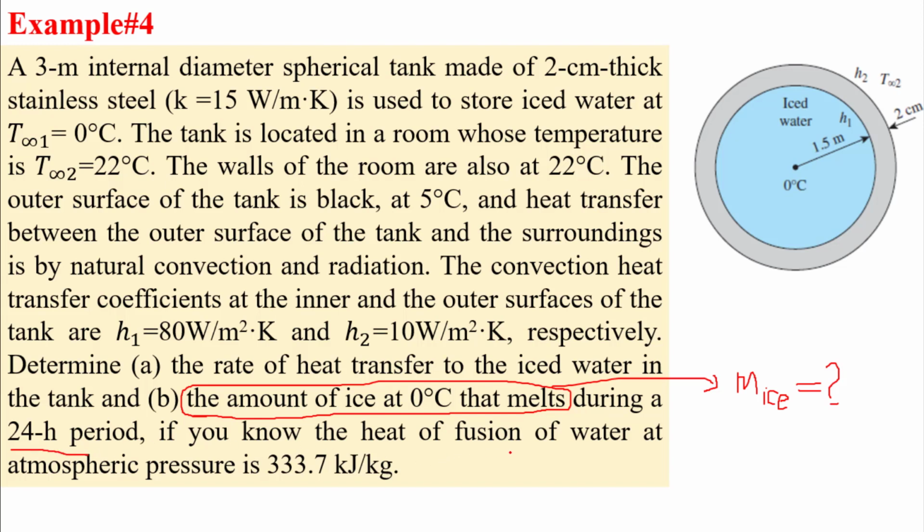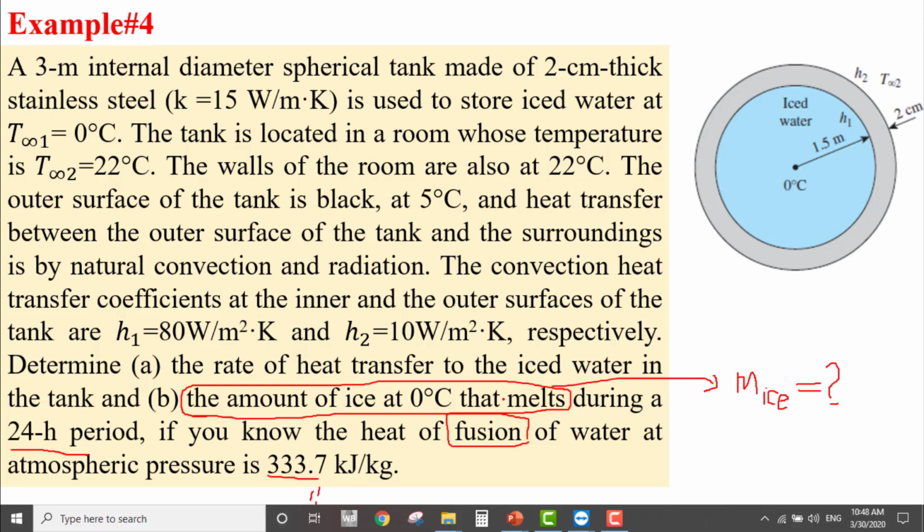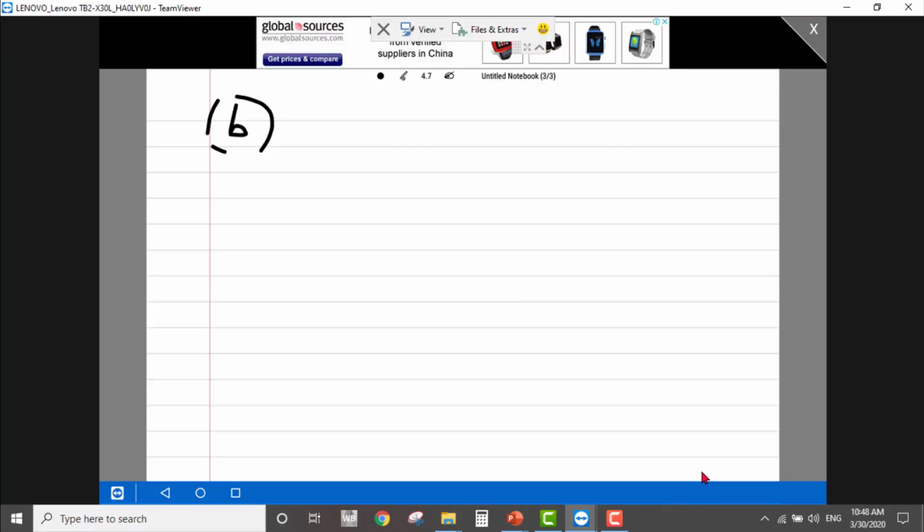If you know the heat of fusion of water at atmospheric pressure, this is the amount of heat required to convert ice to liquid. Fusion means الانصهار, conversion from solid phase to liquid phase. So this one is the enthalpy of fusion. Remember thermodynamics. So let us solve this problem in the solving board.